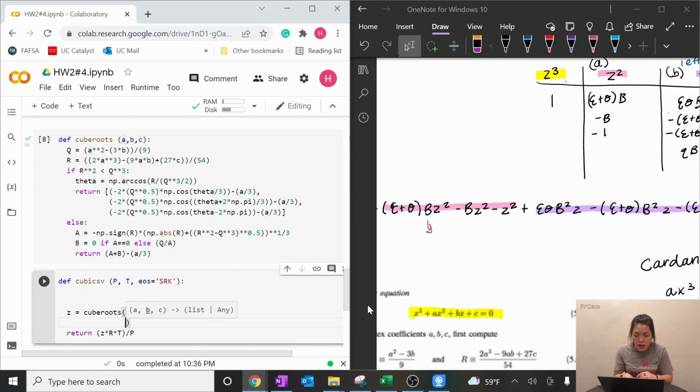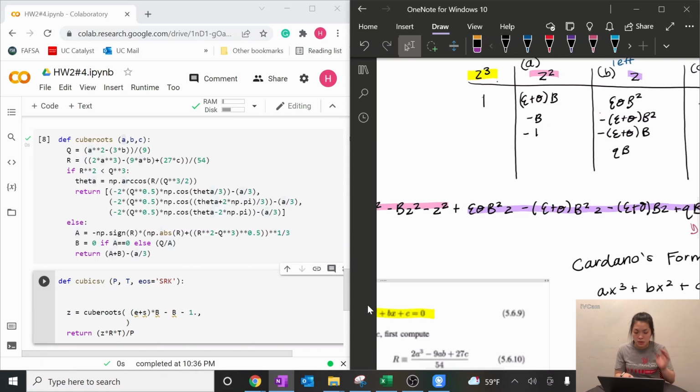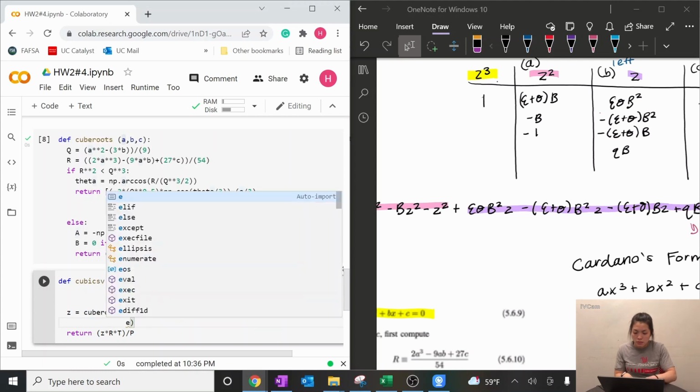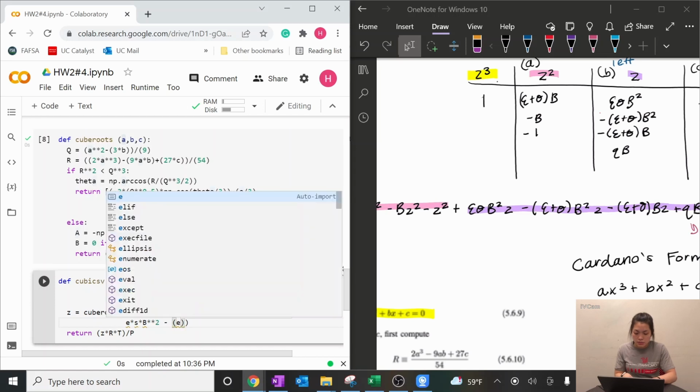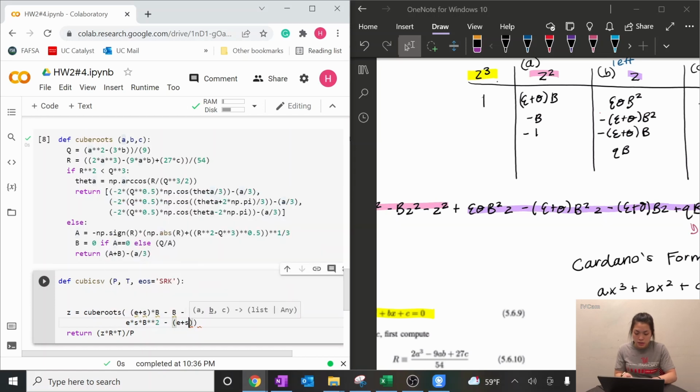And then moving on, we have the B roots, which is just compressibility factor. And so the first one that we have for that is epsilon multiplied by sigma multiplied by beta squared. And then we have minus the quantity epsilon plus sigma multiplied by beta squared.